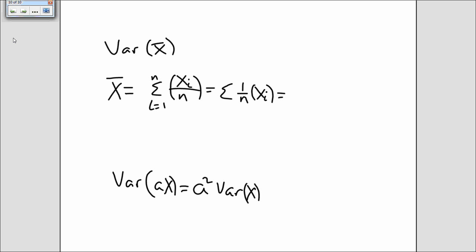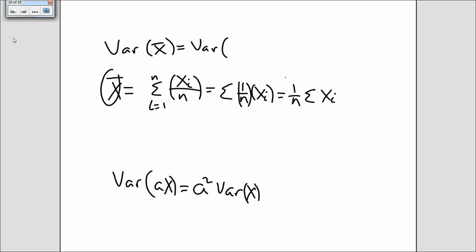The 1 over n in front doesn't have any i's in it. So what we want is the variance of x bar.